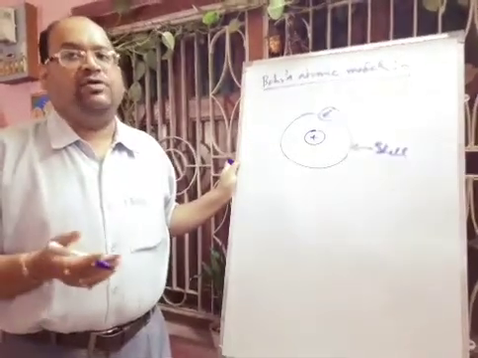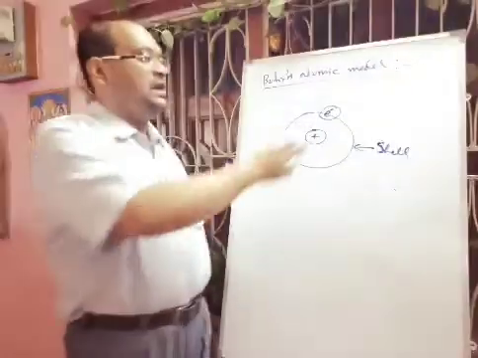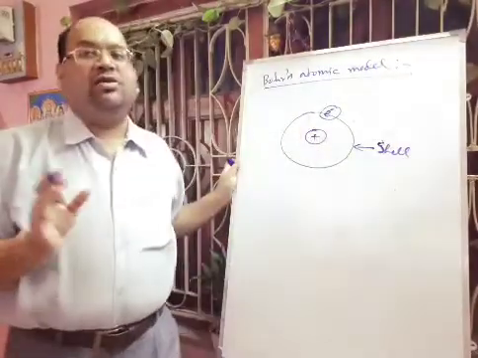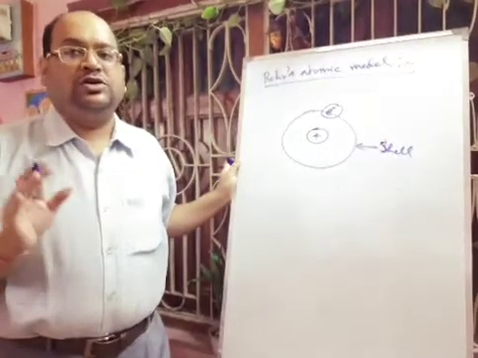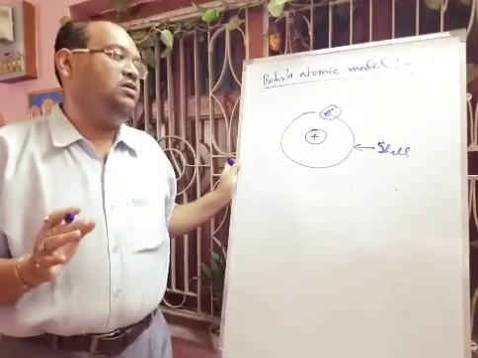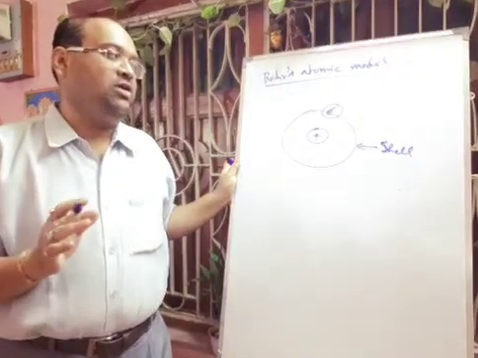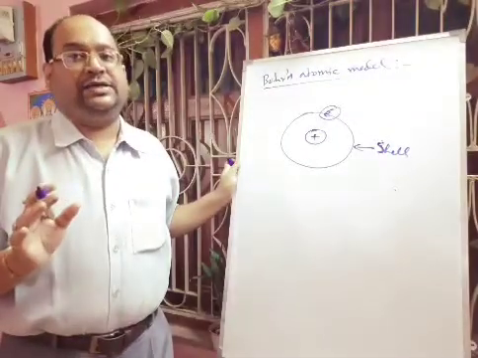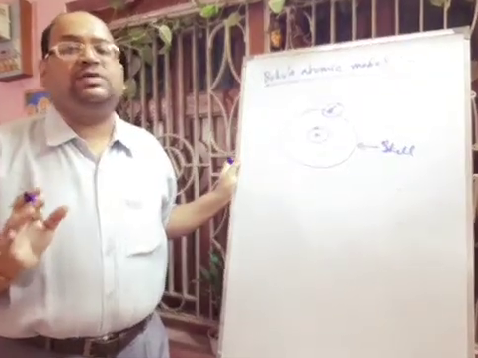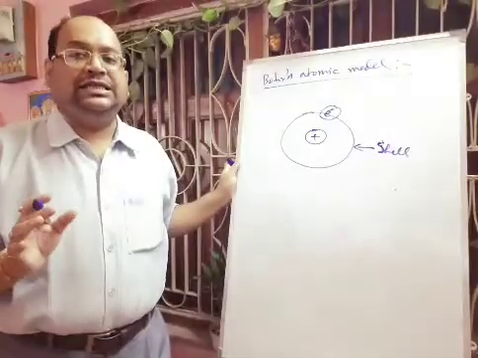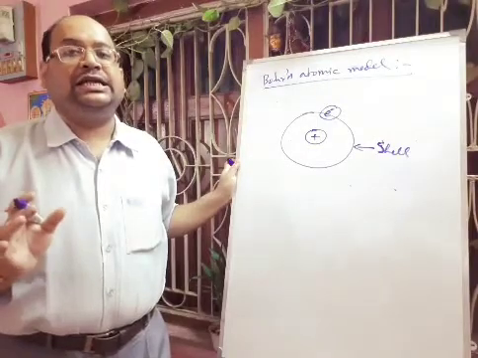But according to Bohr, when the electron is rotating in this orbit, it will not lose or gain energy. So this type of orbit is called a stationary orbit. Niels Bohr gave the concept of the stationary orbit.